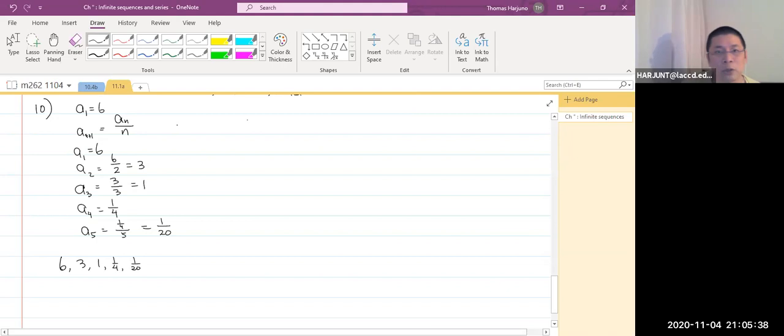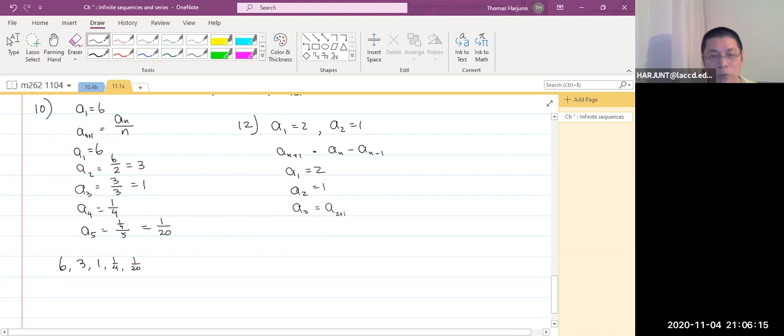Number 12 is actually quite interesting. The first term is 2. The second term is 1. The next term is the previous term minus the previous term. So the first term is 2, the second term is 1, the third term means n equals 2, right?